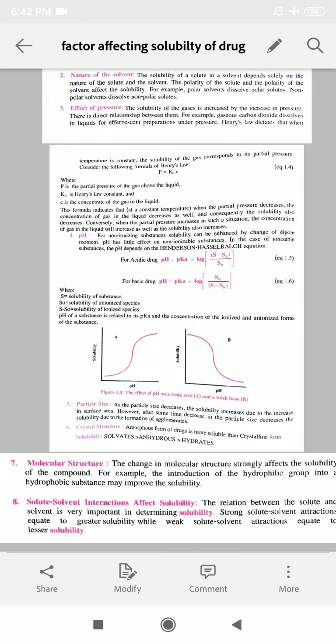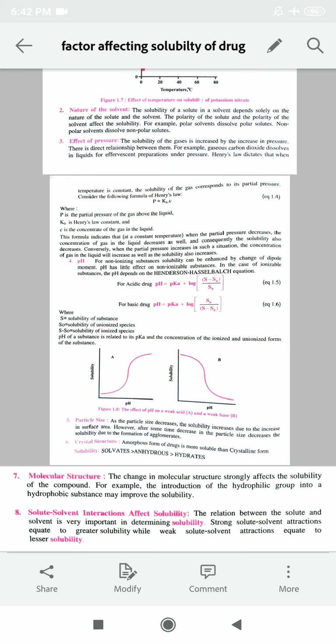The relation between the solute and solvent is very important to determine the solubility. Strong solute solvent attraction equals greater solubility, while weak solute solvent interaction equates to lesser solubility. Obviously, if solute and solvent are strongly attracted to each other, they solubilize and give higher solubility.